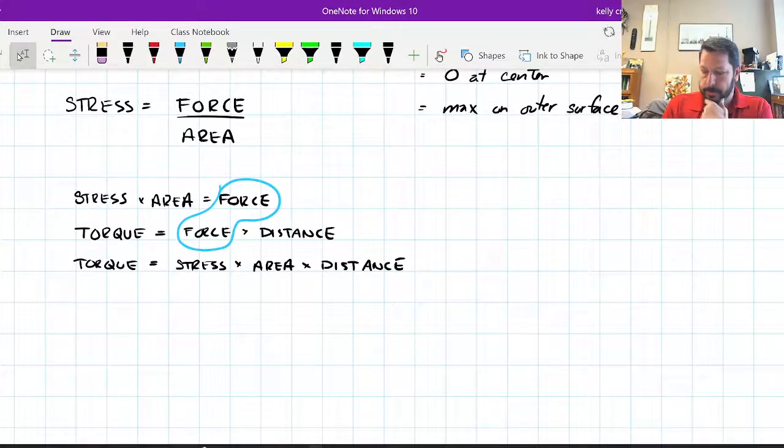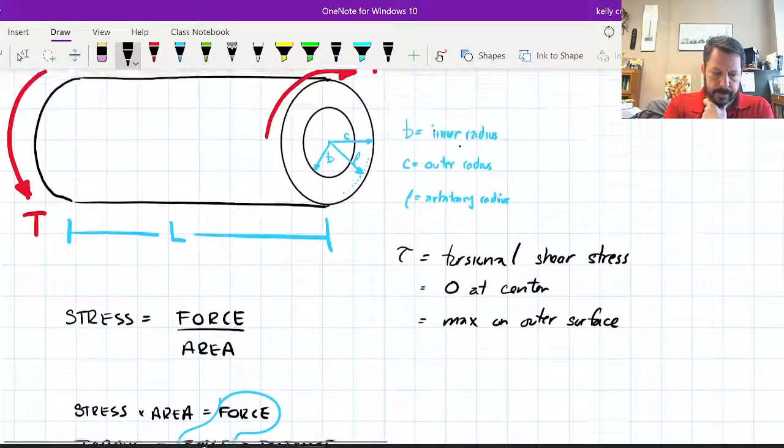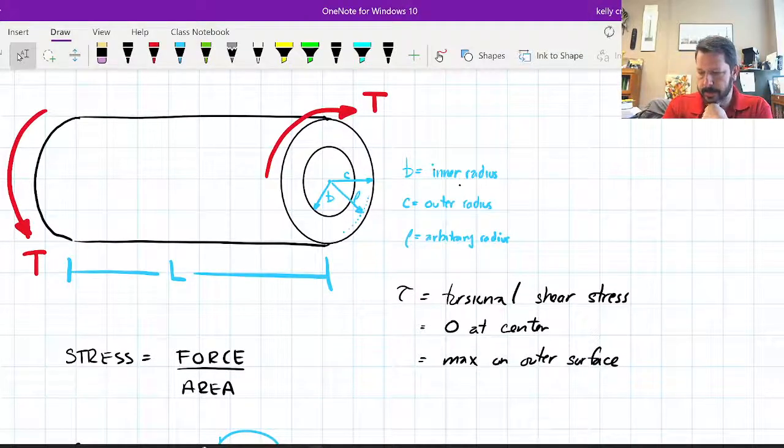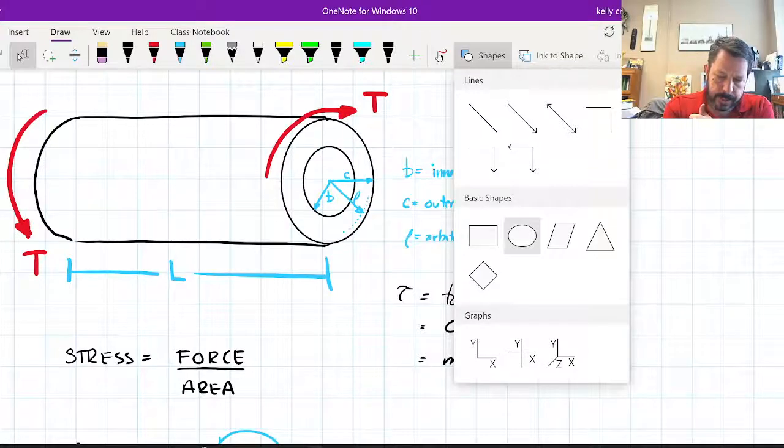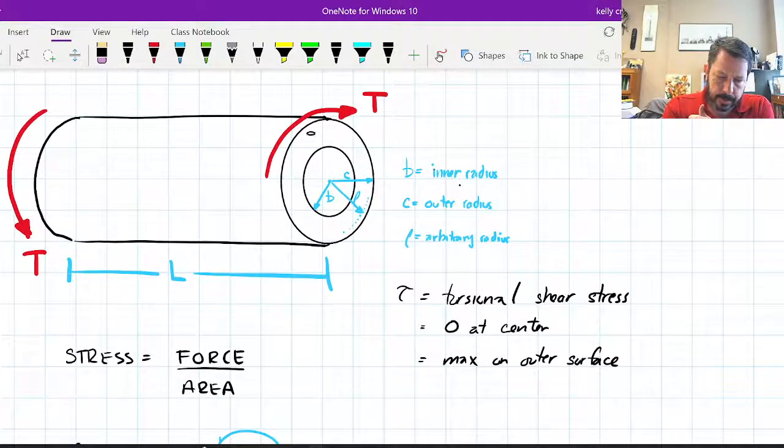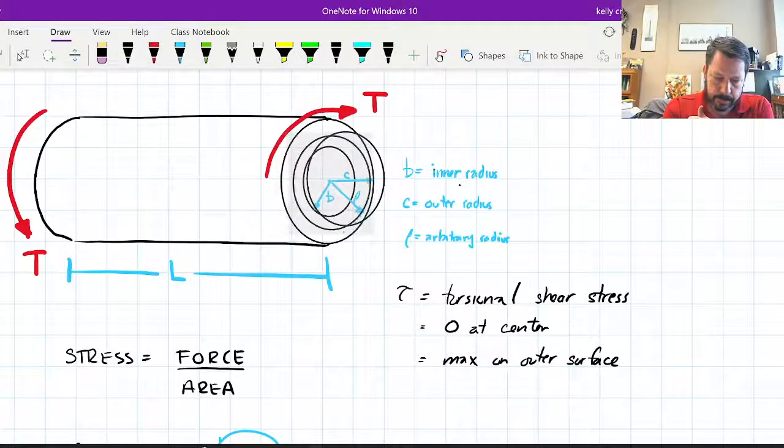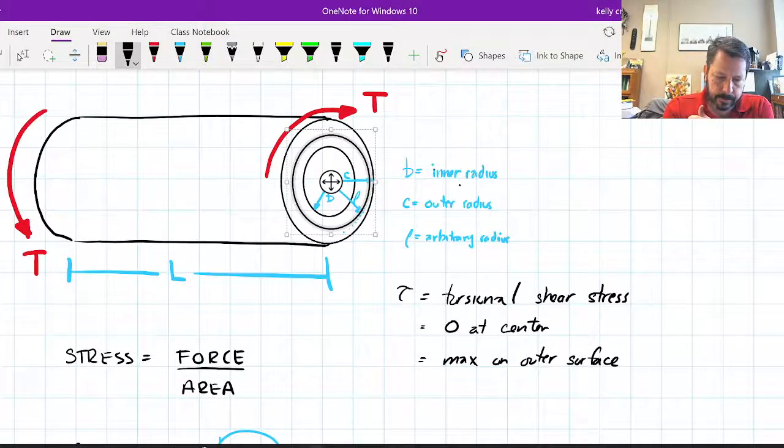So torque, and let's go back here for a moment and put another shape in here, maybe right there. Let's make it a little more, that looks okay.